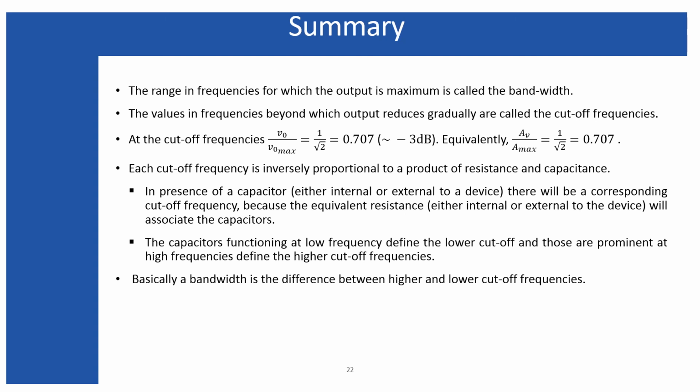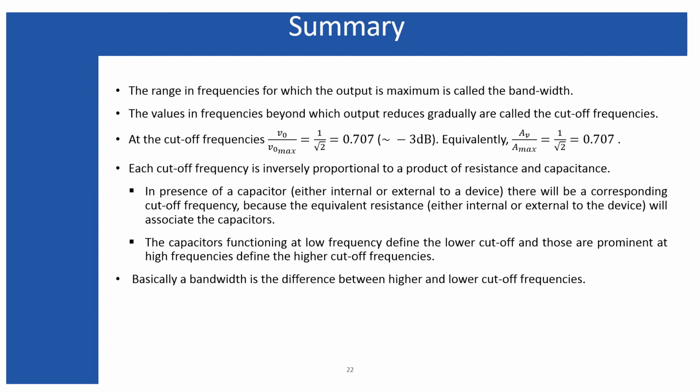And we have seen that each cutoff frequency, the cutoff frequency of the high pass filter, of the low pass filter, even of the band pass filter, is a function of the product of some resistor and some capacitor. Out of these two, the capacitor plays the major role, because within any kind of circuit, as we have seen in the small signal model of the BJT, when you replace a transistor or an amplifier using its equivalent model, there will be some combination of resistors.